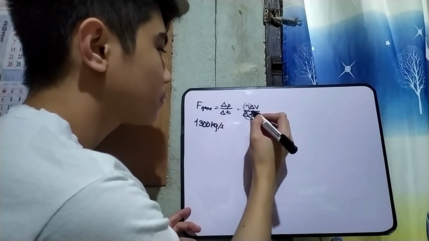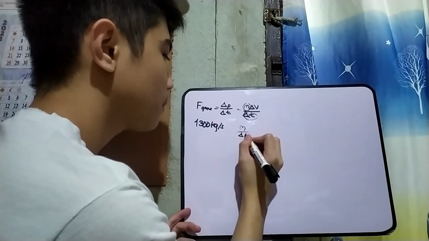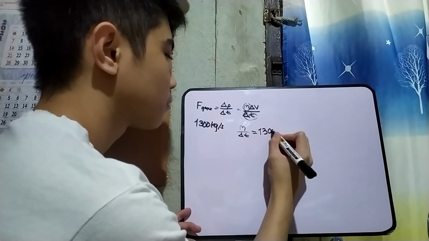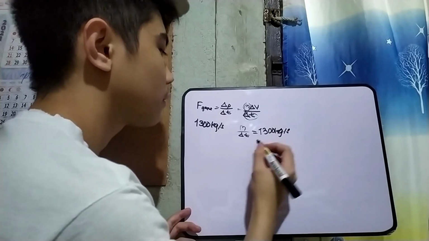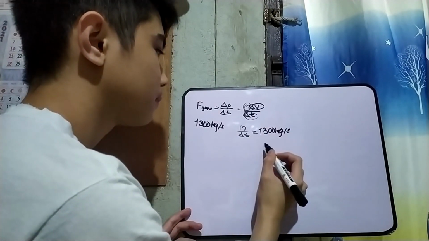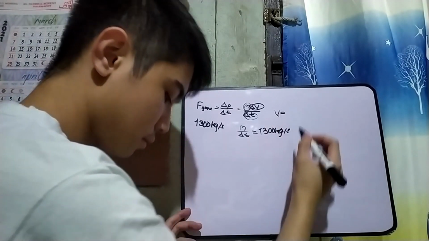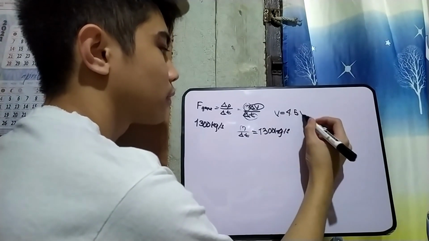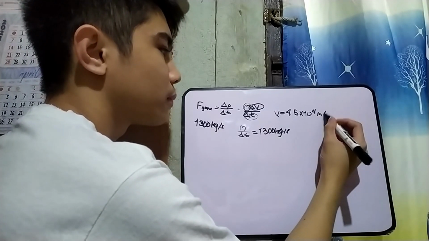So, yung M over change in time natin ngayon is equals to 1,300 kilogram per second. Then, yung change in velocity natin, so given naman siya, yung 4.5 times 10 to the 4th meter per second.